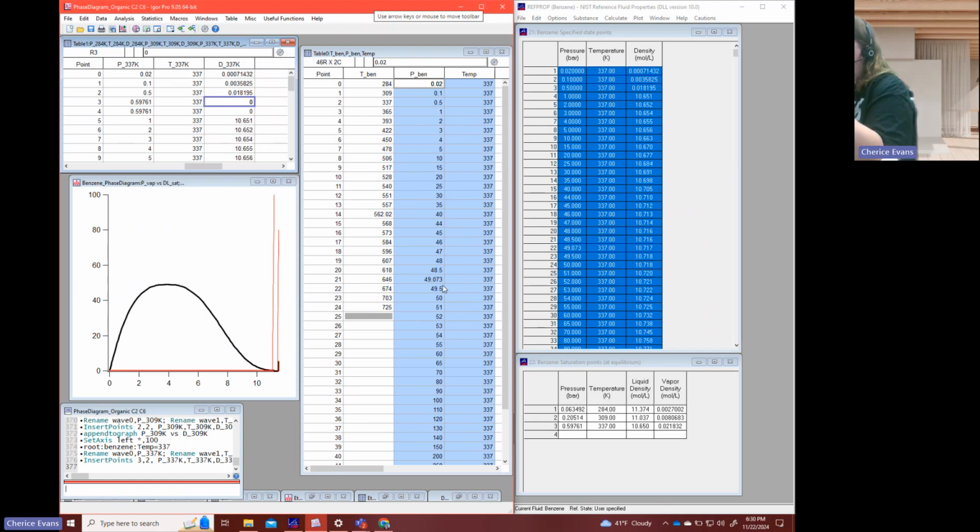That's part of the reason why it has to switch equations right at the vapor pressure. So when you are coding it, you literally check the temperature to see if you're below the critical temperature. When you are, you use the vapor pressure equation to calculate the vapor pressure. Then you check to see, is the pressure that I've been given less than the vapor pressure or greater than the vapor pressure?